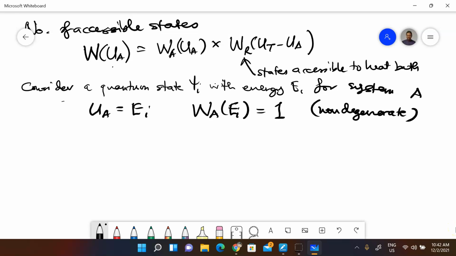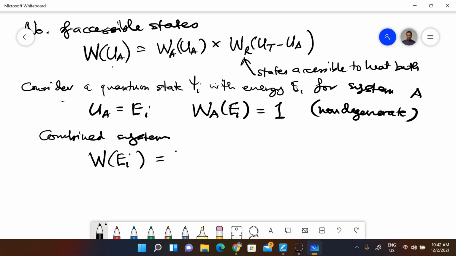Once you have that, the number of accessible states to the combined system is given by, remember, WA of UA times WR of UT minus UA.